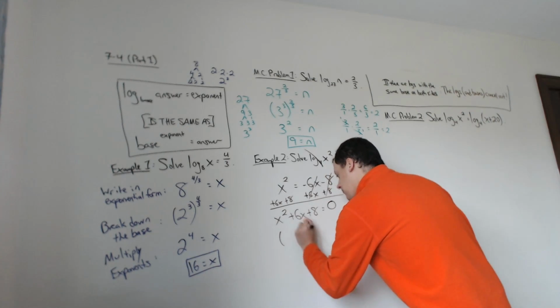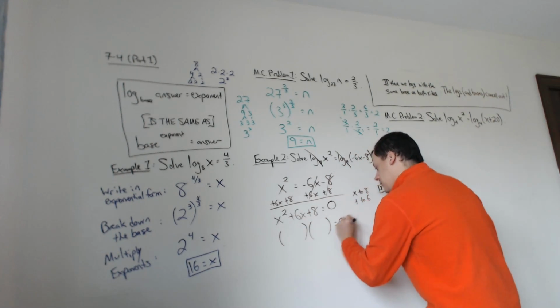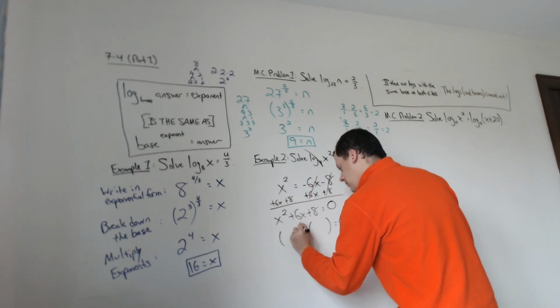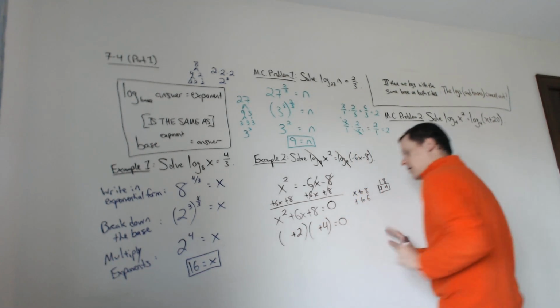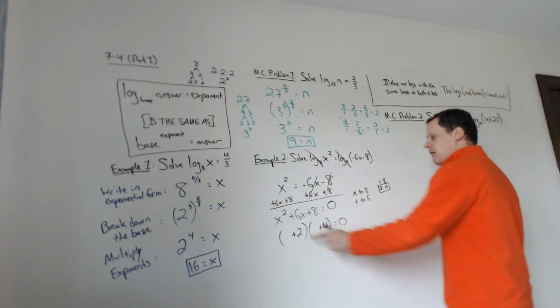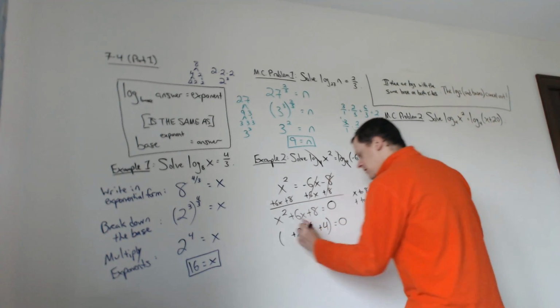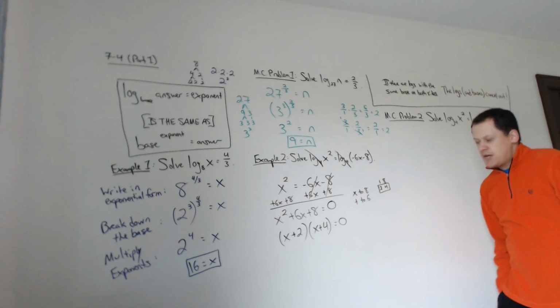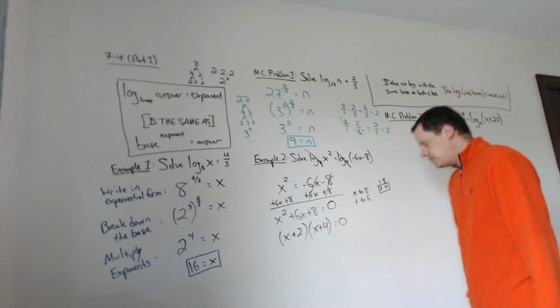So that means I can write 2 sets of parentheses that equals 0. The numbers are 2 and 4. So that goes in the back. Our variable x goes in the front. So we've got x plus 2 times x plus 4 equals 0.